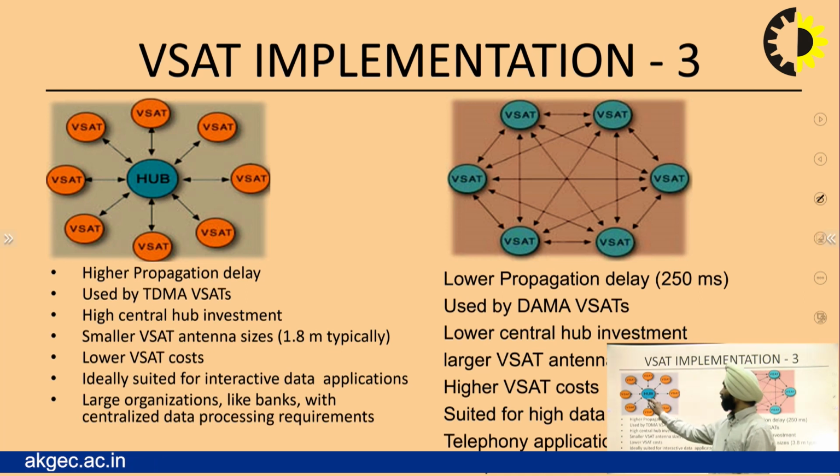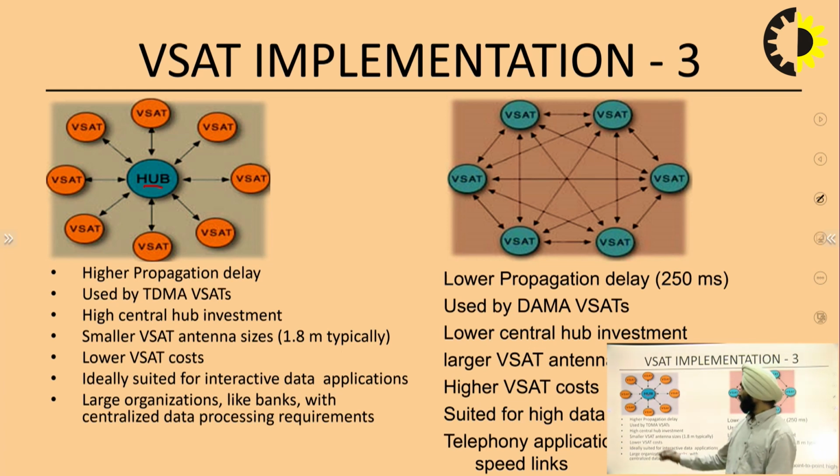So this hub can be a satellite which can communicate with all other VSATs. Here the propagation delay is higher because the central hub has much more load to handle. All these VSATs are handled by the hub.